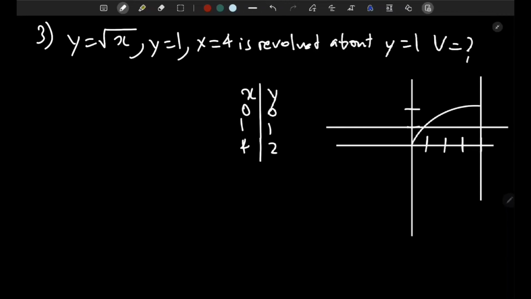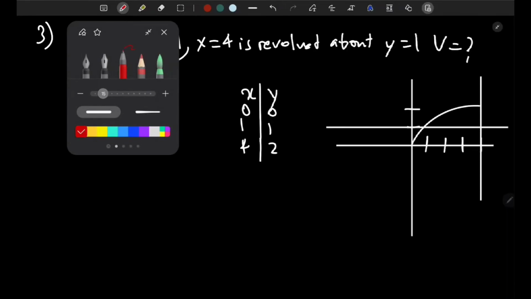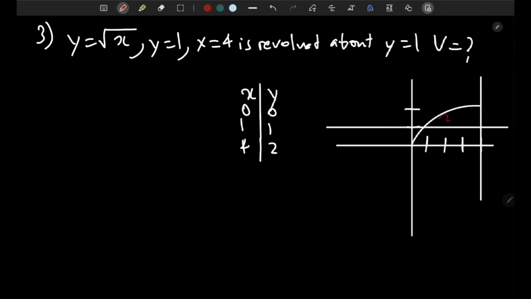So here, which volume or which space are we revolving? The space bounded by all these lines is the area shaded in red, since we want the area between y equals radical x, y is equal to 1, and x is equal to 4.